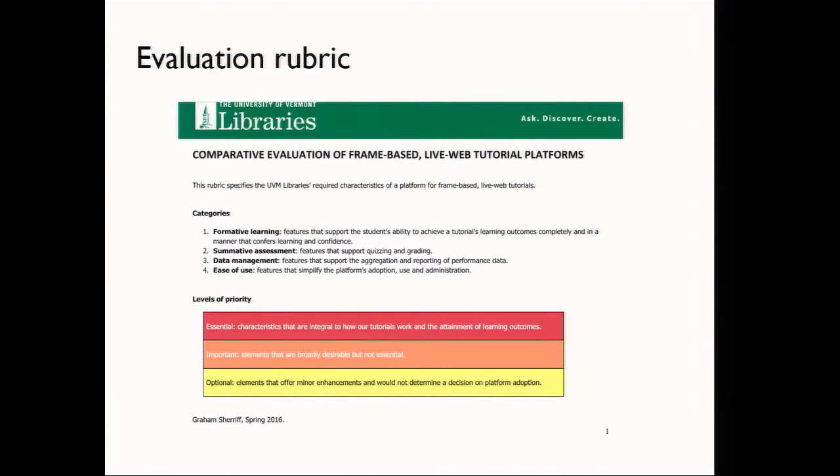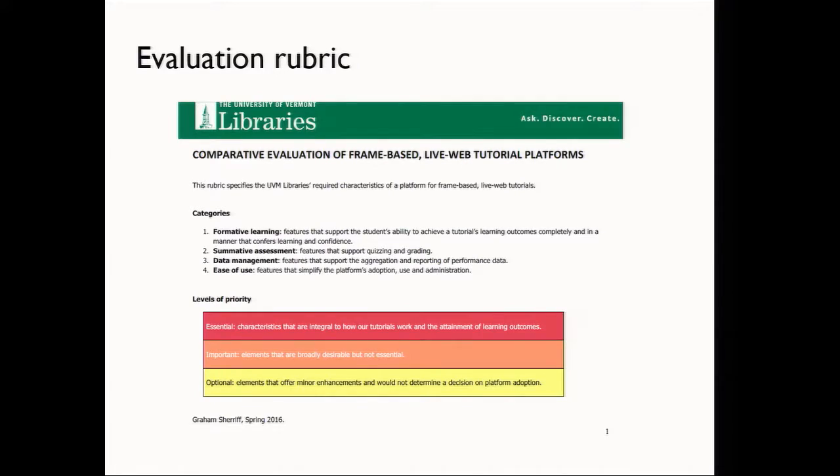We put it all together, and we came up with this rubric, divided into 4 categories specifying different characteristics that we would want to see in our ideal tutorial platform. The 4 areas were formative learning, summative assessment, data management, and ease of use. And we assigned each characteristic a level of priority: essential, important, or optional.